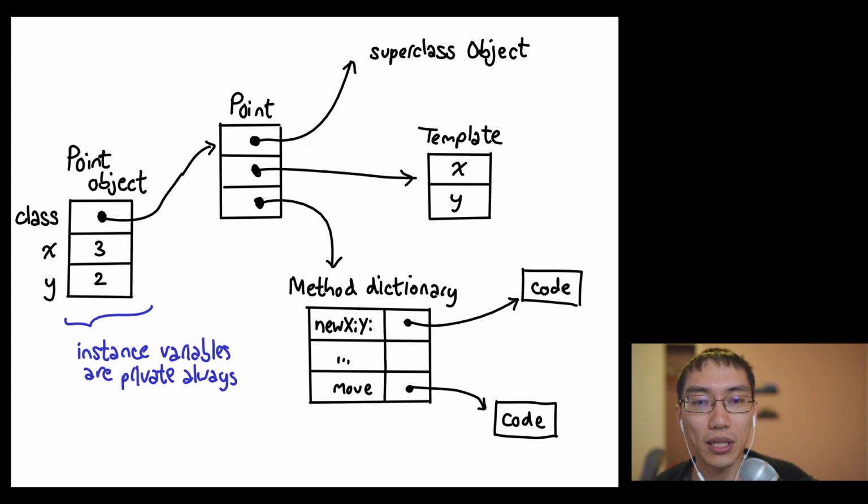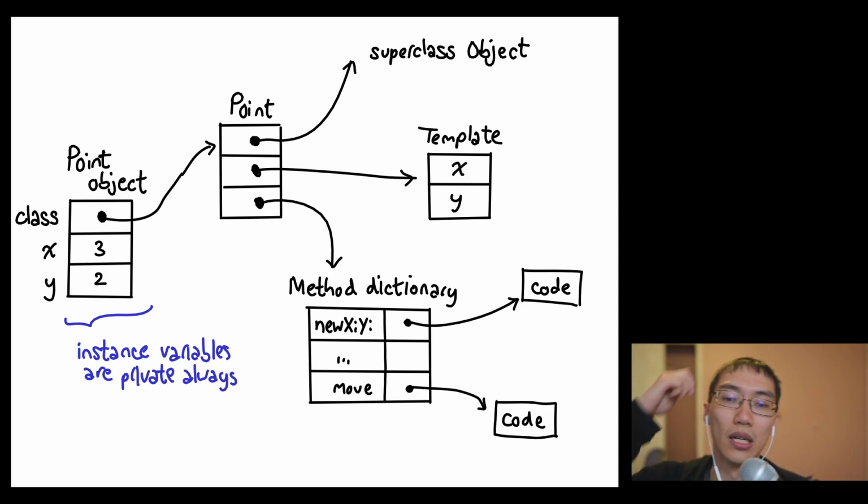And this object point contains a bunch of stuff, right? One is a pointer to the superclass, called object in this particular case, which has behavior that I should defer to if I don't have an implementation for it in point. It also contains a template, which is necessary if I'm allocating a new point. I need to know what the fields I should initially set up are, namely x and y.